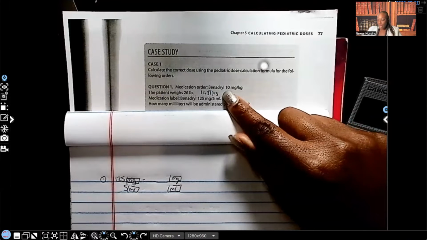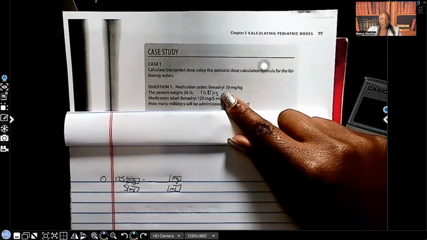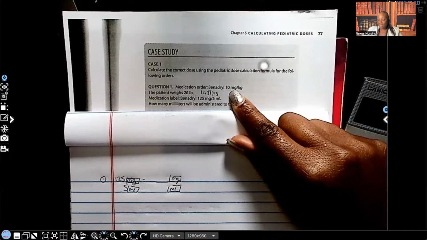We're not done. It's 10 milligrams per kilogram. So now that we know how many kilograms we have, we can multiply the 10 times the 11.81. Go ahead, do it on your calculator. 10 times 11.81, and that's going to give you 118.1. I'm doing it again just to make sure.